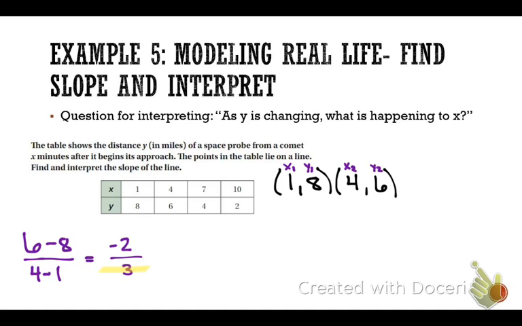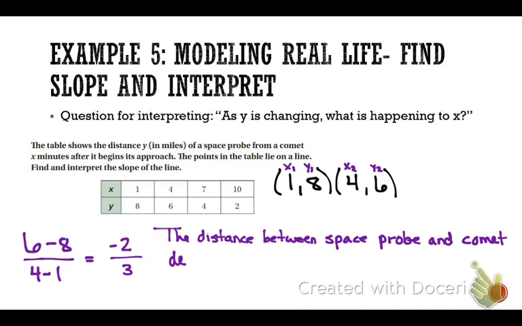So now I need to put this into a sentence. Remember, the comet's approaching. So the distance between the comet and the space probe, sorry I wrote it opposite, but same thing, decreases. How did I know it was decreasing? Negative.